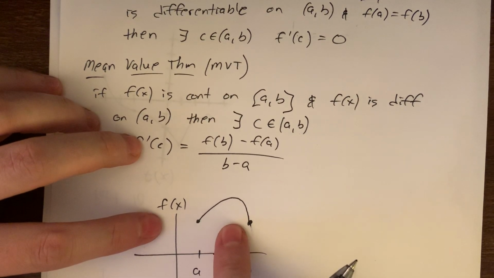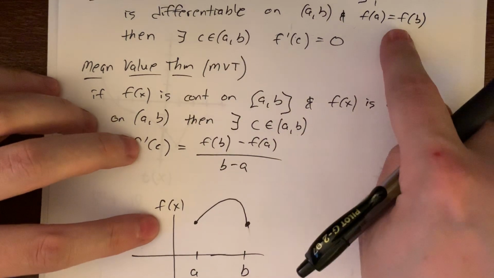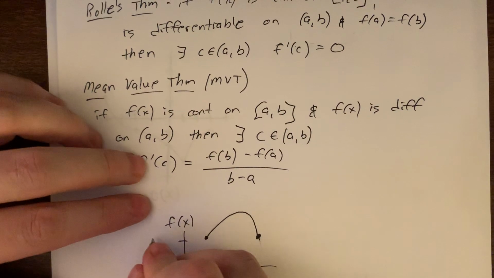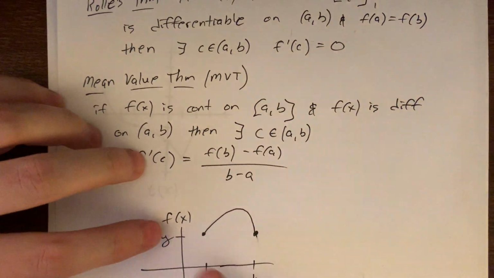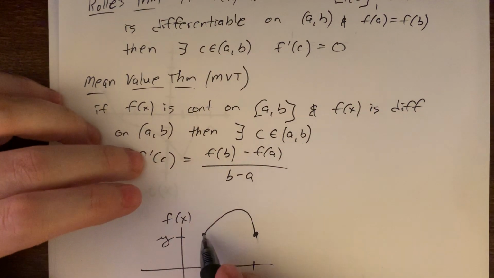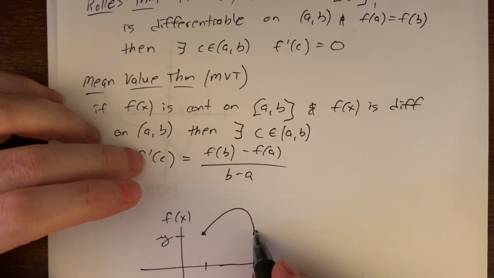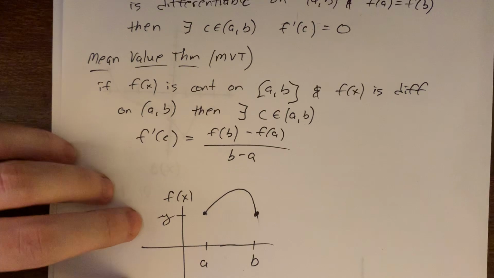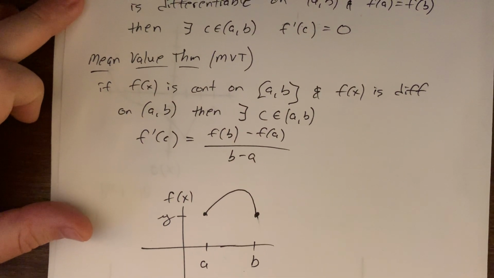And this graph I drew had no sharp points. The third condition with that f of a equals f of b, and you'll notice when I drew these, whatever this y value is, that f of a is this y, f of b is the same y value. So this little graph I drew satisfies everything that we have in Rolle's theorem.